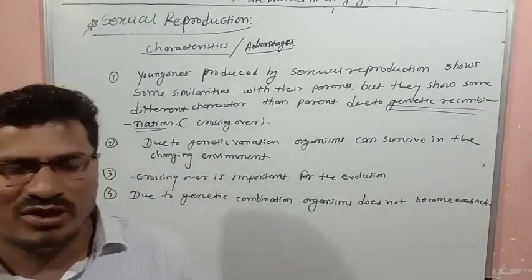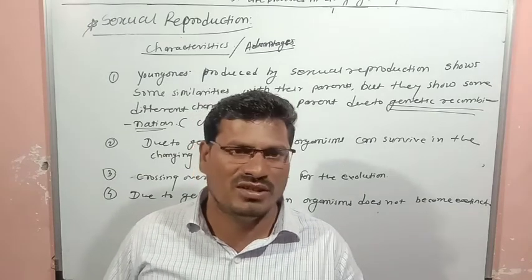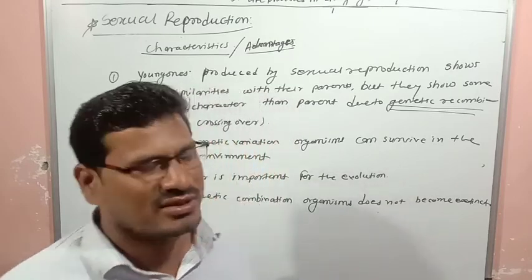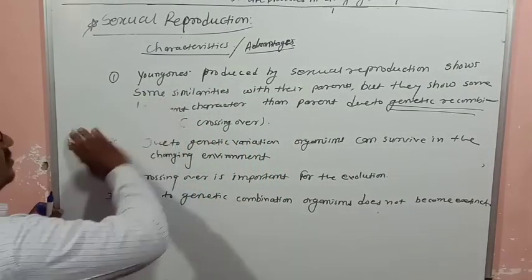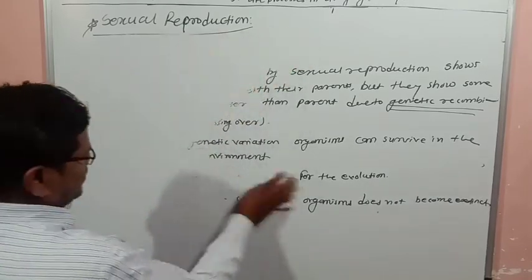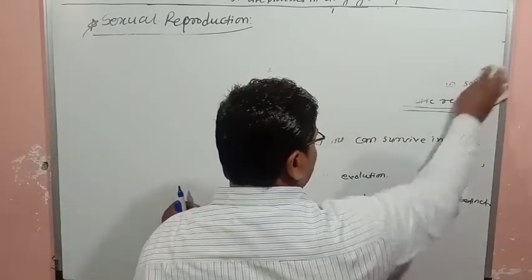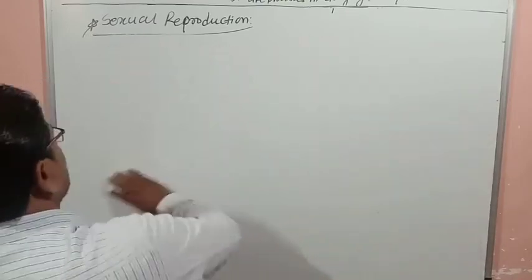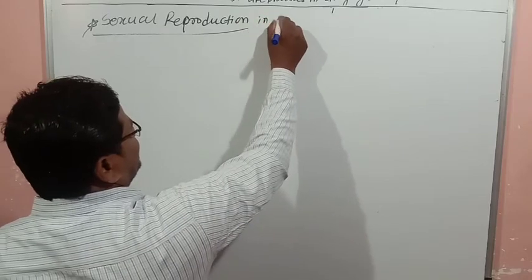After this we are going to study sexual reproduction in plants. The next point we are going to learn is sexual reproduction in plants, and what type of reproduction takes place in plants, we will see in detail.